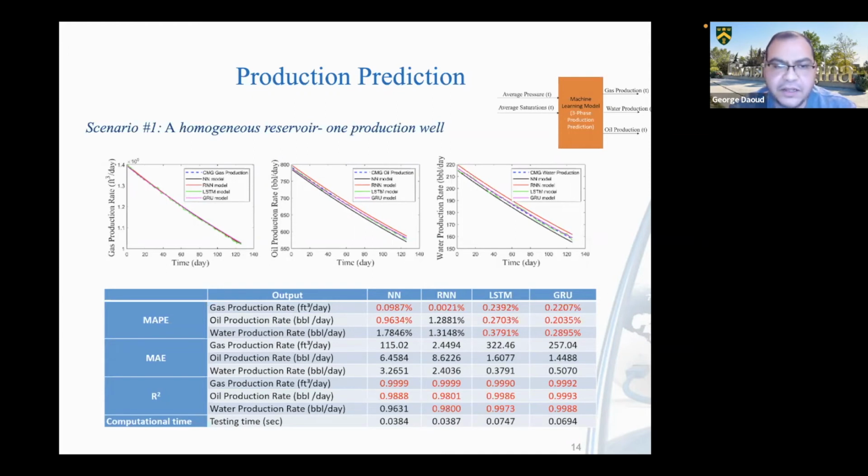Each of them is trained according to the previous data and validated using 3 metrics, which are mean absolute percentage error, mean absolute error, and R squared, and also compared in their computational time. And for the first scenario, which is a homogeneous reservoir with 1 production well, we find that LSTM and GRU provide us with the highest prediction accuracy, but GRU gives us the result in a faster way because it is simpler than LSTM. Next slide, please.